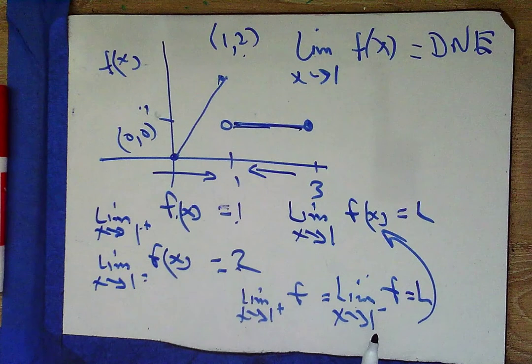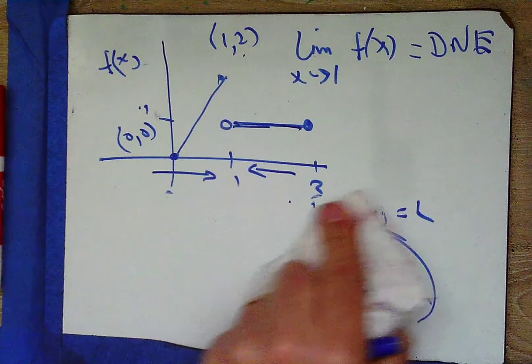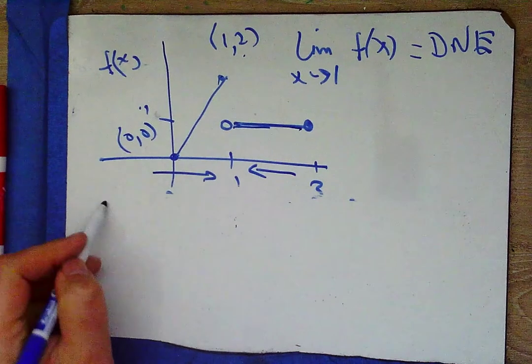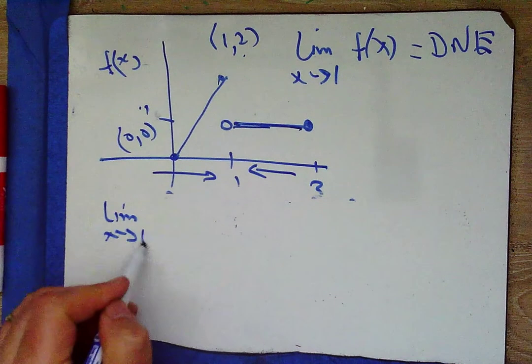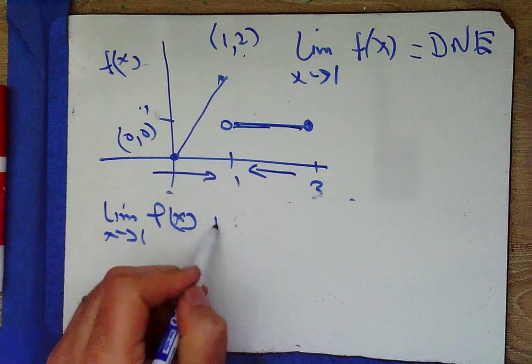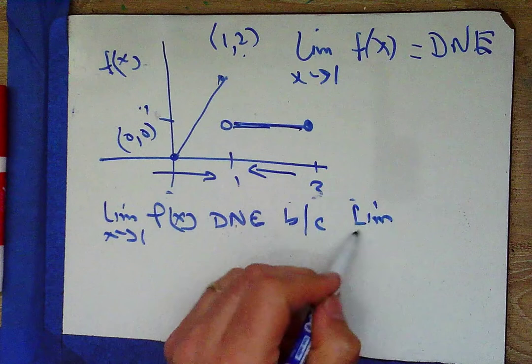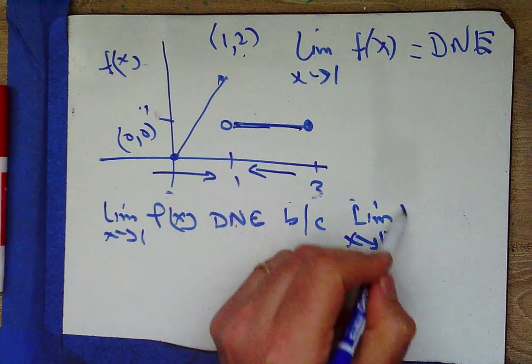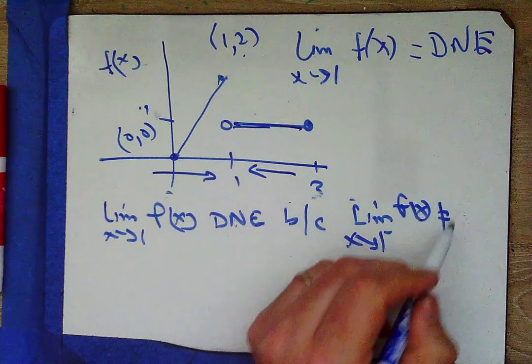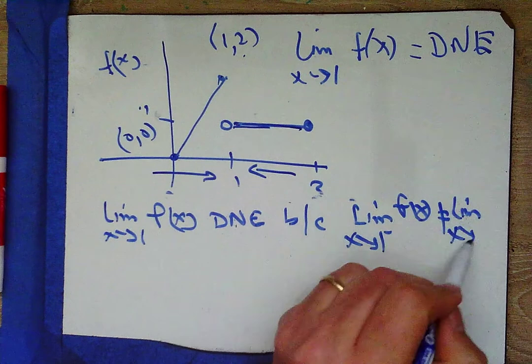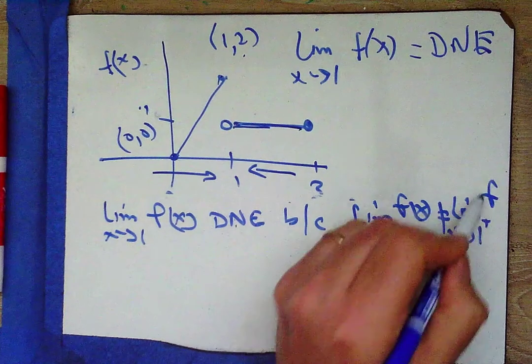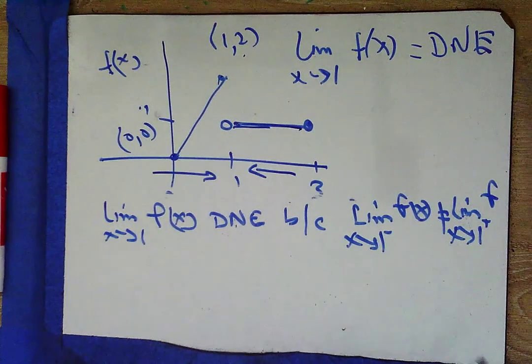Okay? And you should definitely get in the habit of writing a sentence. And so we could say, the limit as x approaches 1 of f of x does not exist because the limit as x approaches 1 from the negative side did not equal the limit as x approaches 1 from the positive side. Okay?